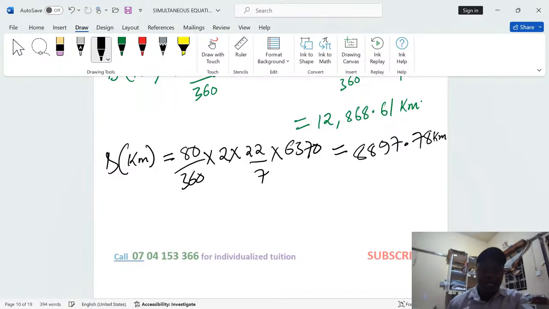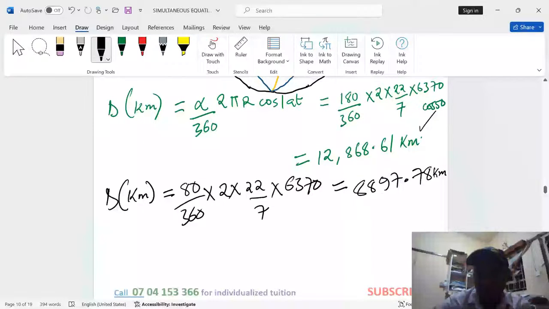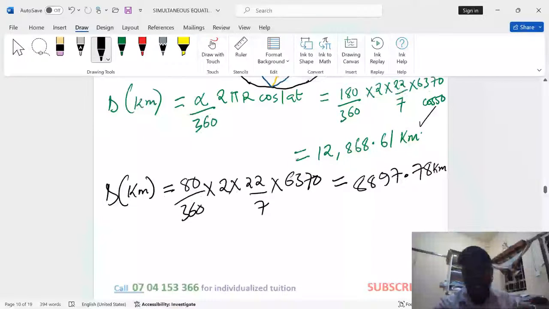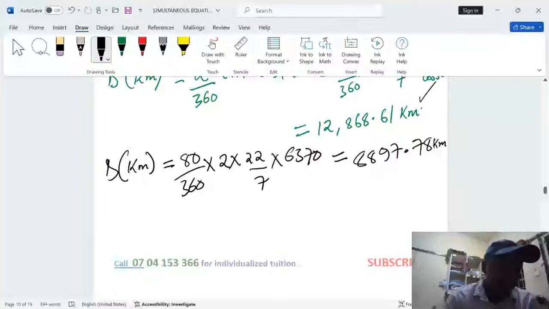Therefore, you can see when we move along the parallel of latitude, we are getting a distance of 12,868.61 kilometers. But along the great circle, that is along the pole, we are getting 8897.78. So it means along the poles, distance is shorter.